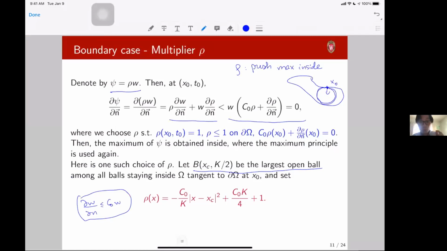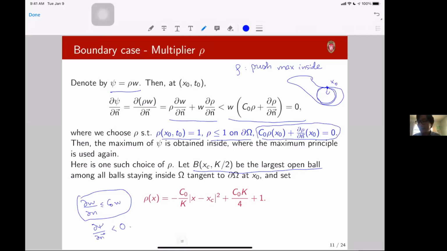So we choose rho so that rho equals 1 at that point and is always less than or equal to 1 on the boundary, and the derivative of rho at x0 satisfies these conditions, exactly so that it cancels things out. Then we are able to push the maximum inside, because for the function C we have del C over del n less than 0, right?